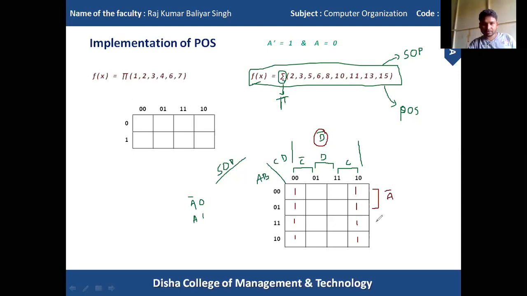For these two, my common value will be A. For these two columns, my common value will be B. And for the first row and the last row, if I combine the first row and last row, I will get B naught as a common value, right? So this is the way we can combine a 4 variable K-map.